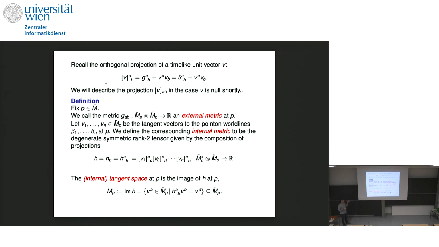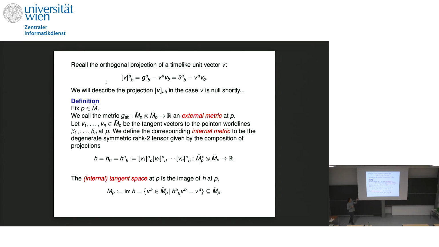Okay, so recall the orthogonal projection of a time-like unit vector, just shown there. We will describe the projection when v is null shortly. So our definition: fix a point P in M tilde. We call the metric g an external metric at P, and let v_1 through v_n be the tangent vectors to the pointon world lines beta_1 through beta_n at P. So we can have however many of these world lines intersecting, and we define the corresponding internal metric to be the degenerate symmetric rank 2 tensor given by the composition of projections.